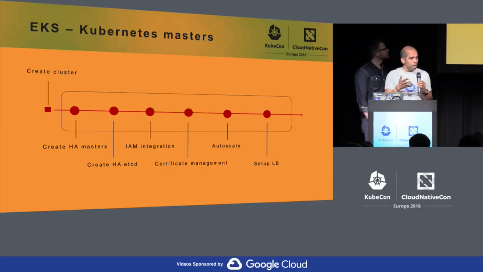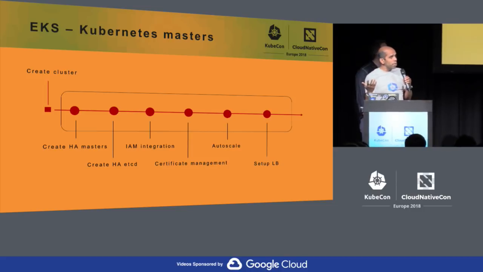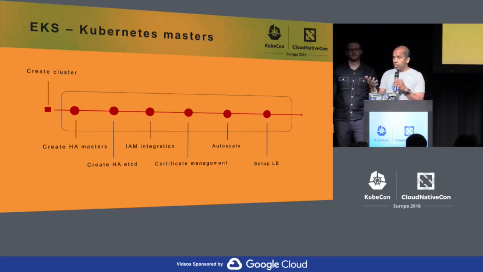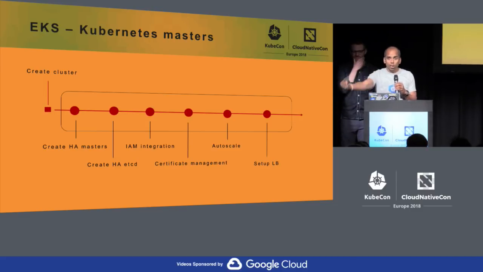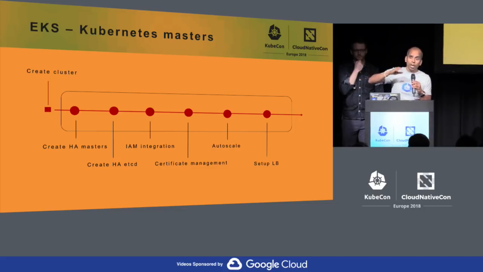We also provide IAM integration, because if you're in the AWS land, then you love that identity and access management using IAM. So you can actually authenticate with the cluster using Heptio Authenticator that we'll talk about a little bit later. We also do certificate management for you. The worker nodes are registered in an auto-scaling group, and so are the masters, so that in case a node goes down, it can come back up again.